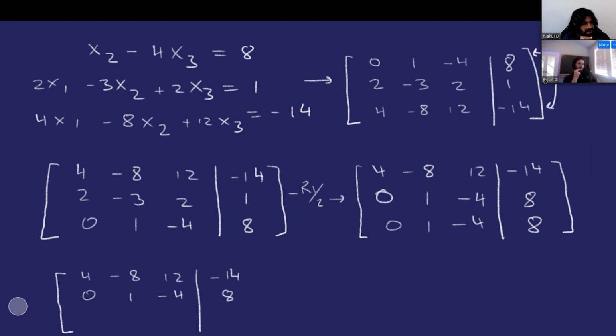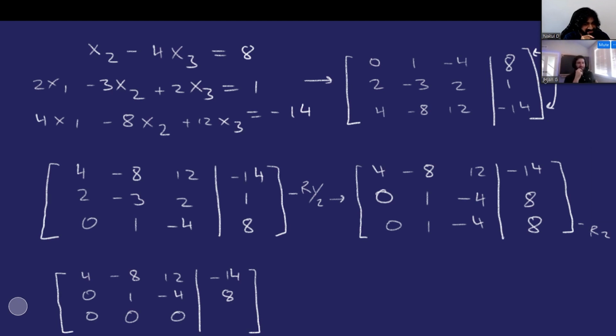What happens? So then it's going to be 0 for the first one. It's going to be 1 minus 1. And then it's going to be -4 minus -4. Which is? 0.